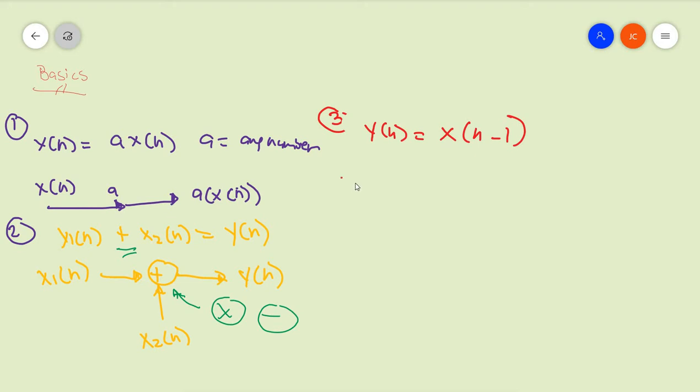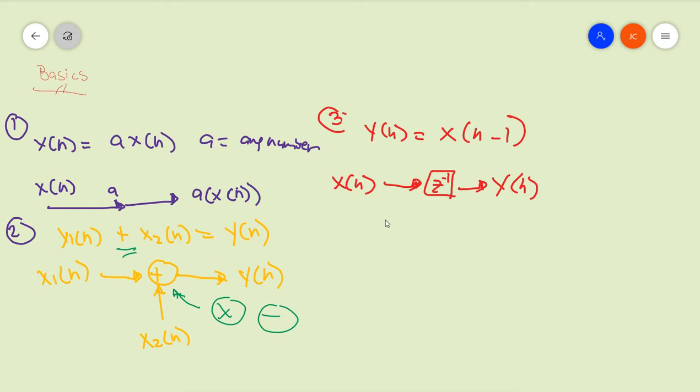It would be x of n, then z to the negative 1, to y of n. It's easy, you just bear with this one.